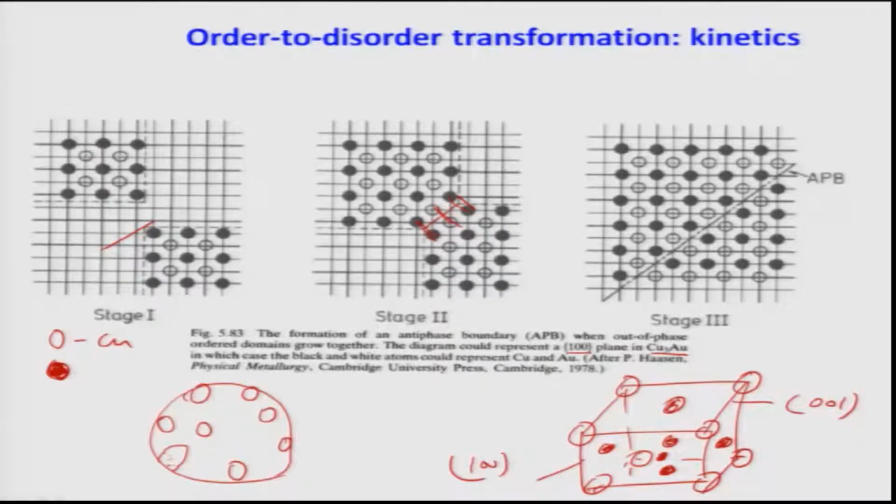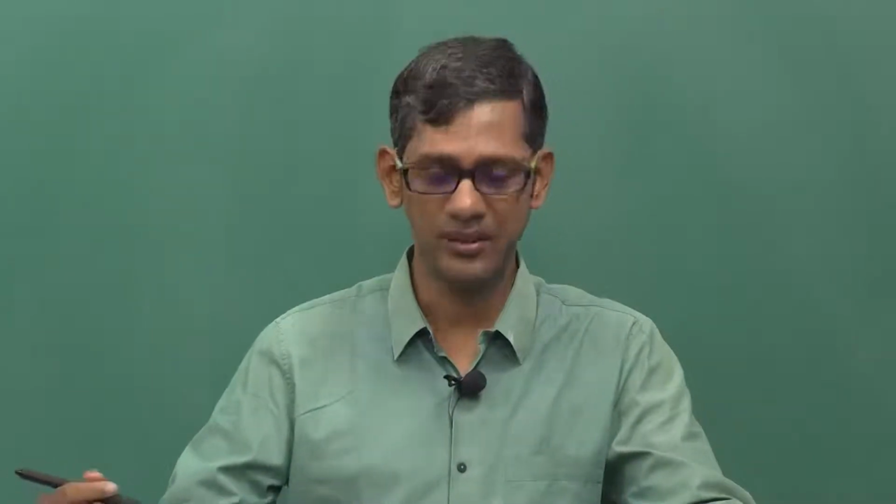That can only be possible once bonds between similar atoms are broken, and then bonds between dissimilar atoms form. So, the important aspect for you to understand is that this change in bonding characteristics from similar to dissimilar requires bonds to be broken and formed again, and that is not something we can explain in a simple way in a course like this. This happens in a much more complex way.